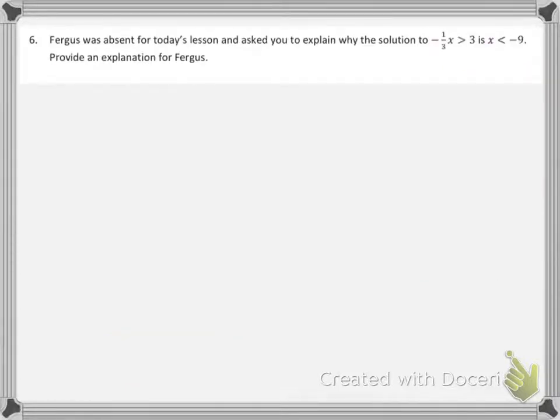Number 6. Fergus was absent for today's lesson and asked you to explain why the solution to negative 1/3 x is greater than 3 is x is less than negative 9. Well, if we were to solve this, negative 1/3 x is greater than 3.